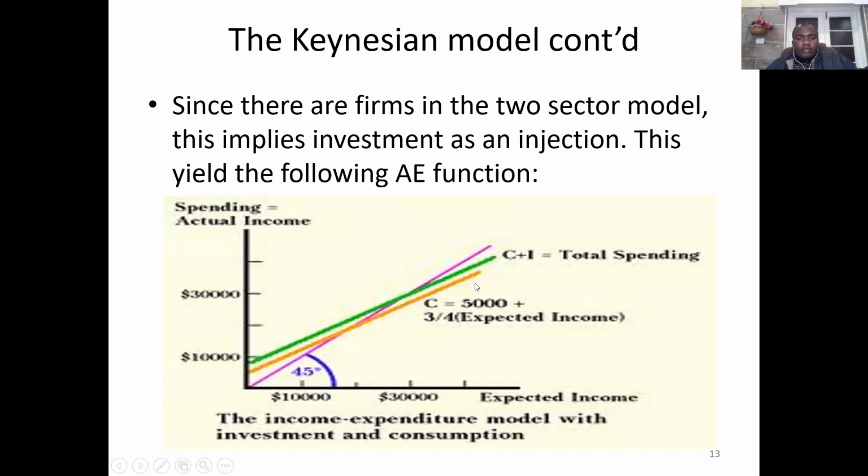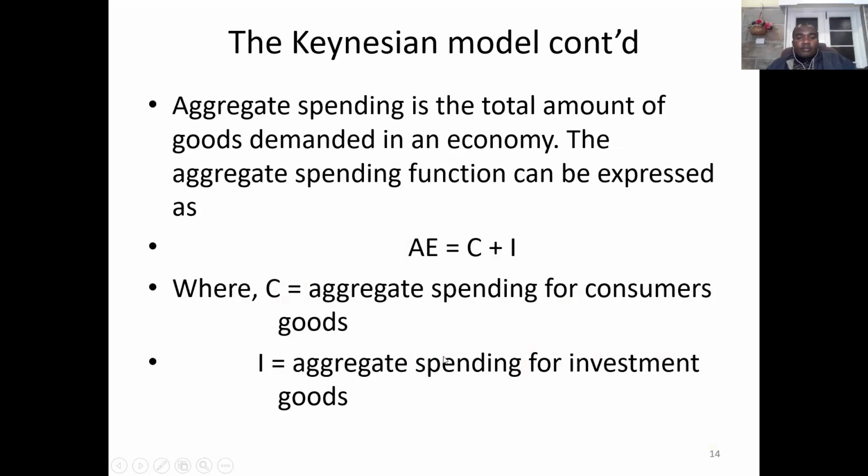So we've got consumption expenditure, consumer spending, plus investment, which shifts the consumption function upwards parallel to itself to get the green curve, which is our aggregate expenditure in this economy. At the intersection of C plus I and the 45 degrees line, we get the equilibrium level of national income.